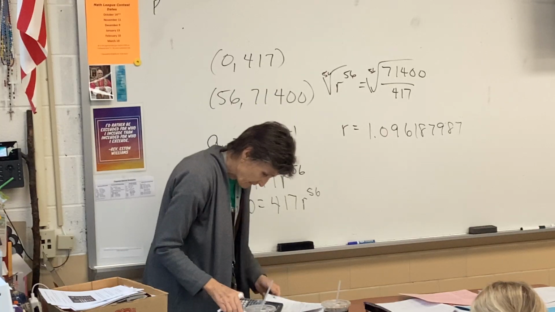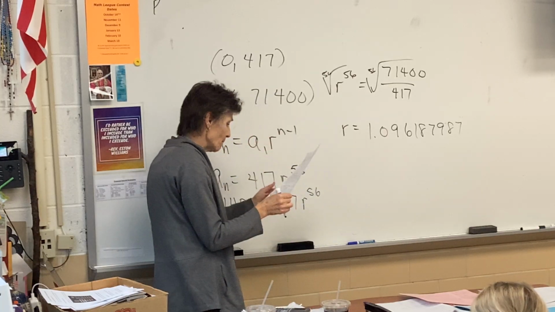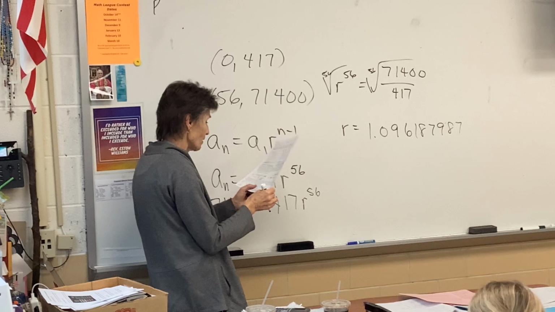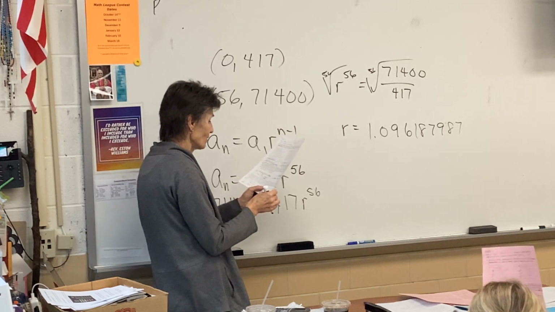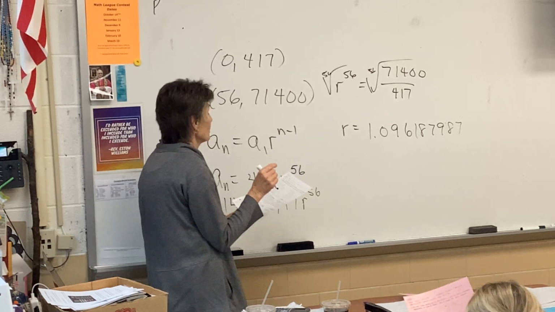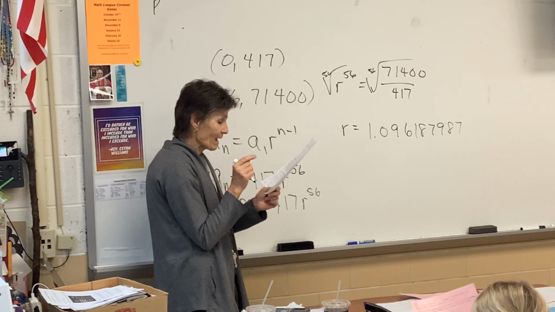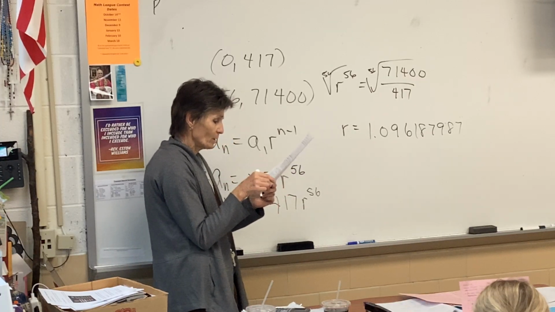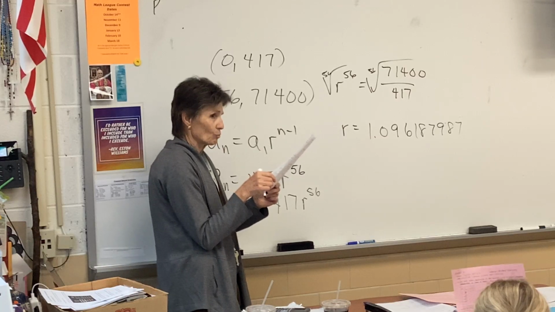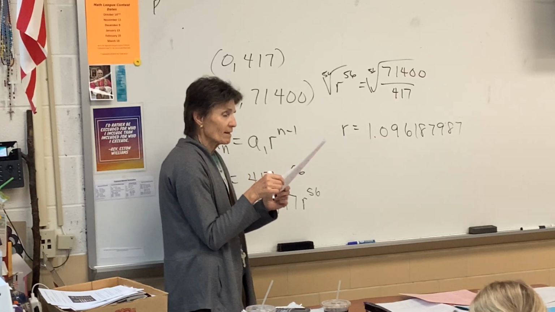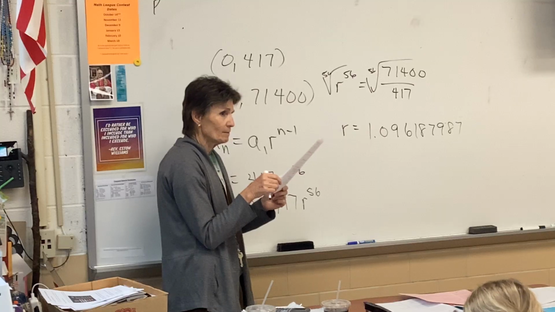So then it says, based on this model, how many nested pairs were there in the year 2000? Well, we have to figure out what year that would be if we start with 63. So that's 37 years later, year 37.